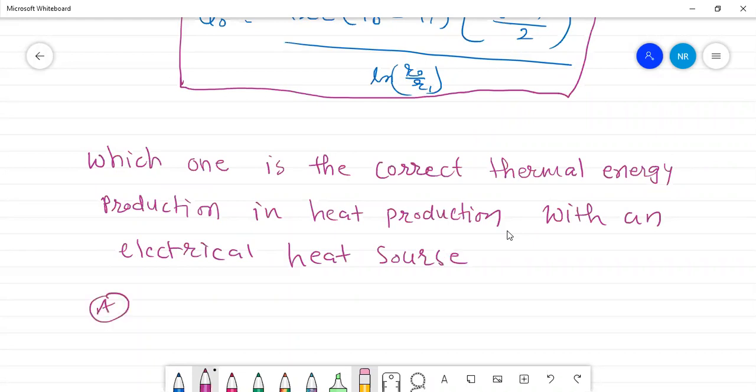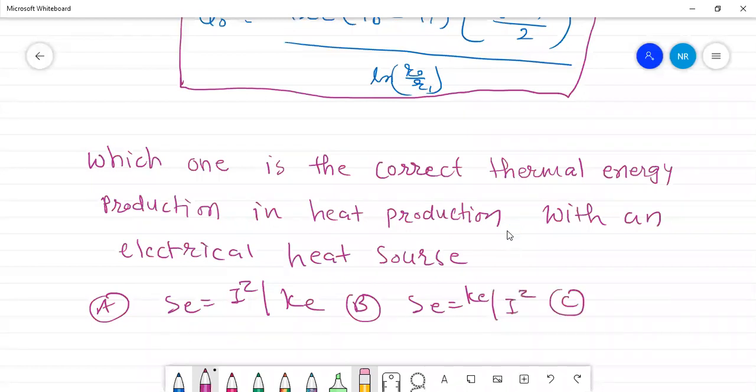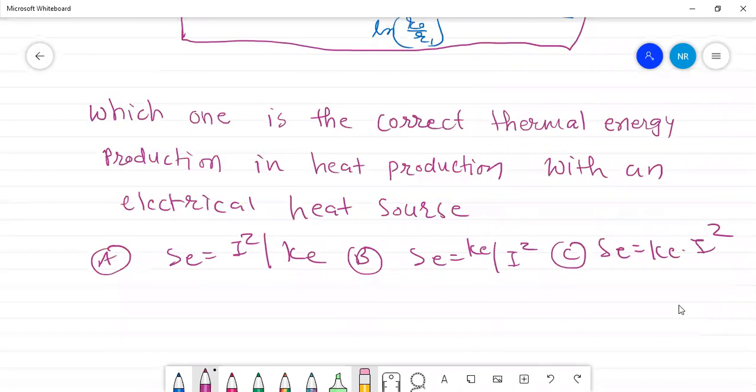Option A, Se is equal to I square divided by Ke. B, Se is equal to Ke divided by R square. C, Se is equal to Ke multiplied by R square. D, Se is equal to I square multiplied by K square.